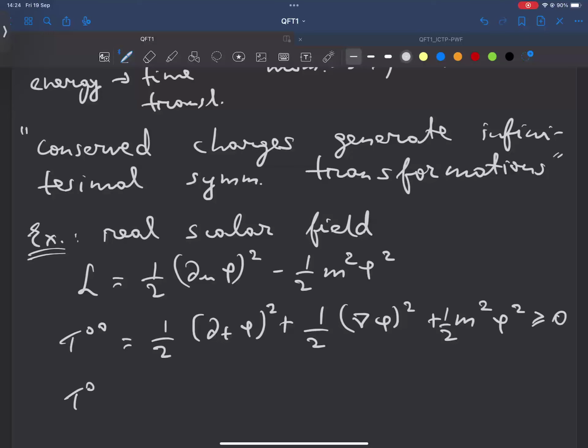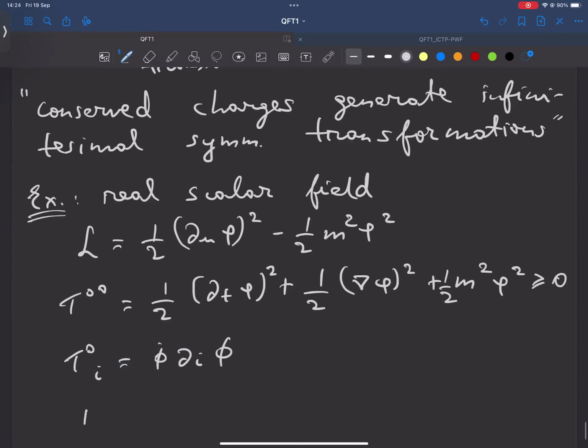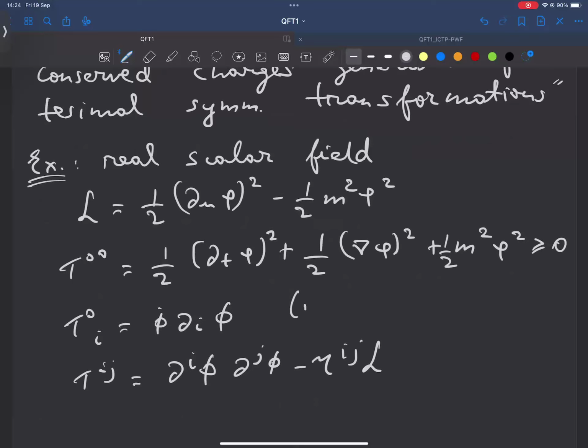The momentum will be given as this. So again, this is given as an exercise. It's very easy to compute. And the spatial components you can get as this. So this is the momentum density. T00 is the energy density.